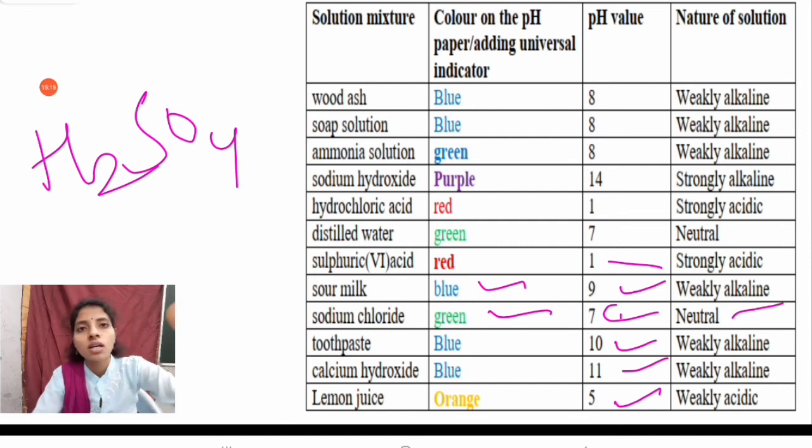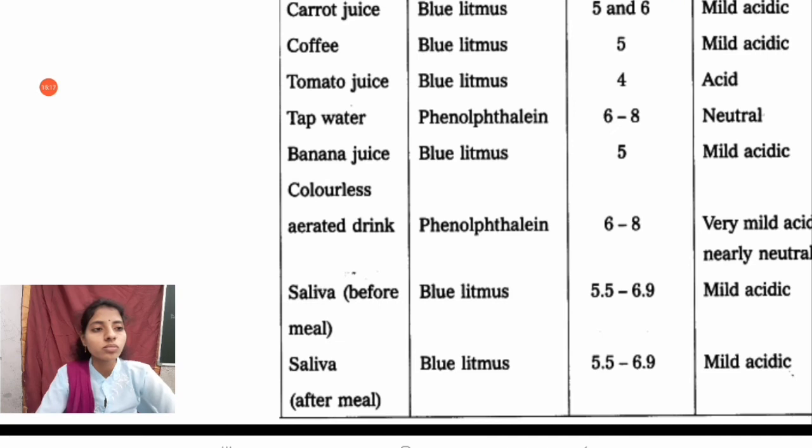Yes, and let's see some more. Carrot juice. The pH paper turns blue. The pH value is 5 or 6, either one. Sometimes it will show 5, or we can take 6 also.